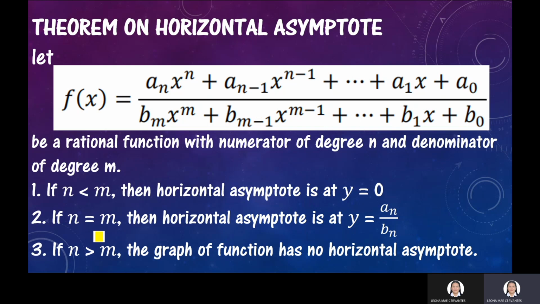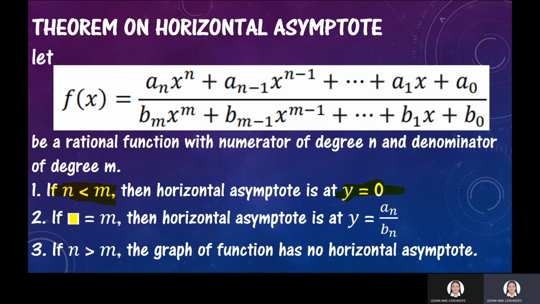If n is equal to m, then the horizontal asymptote is at y is equal to a sub n over b sub n. If n is less than m, y is equal to 0.